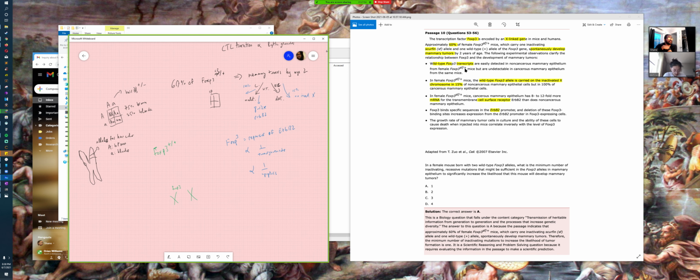So basically the FOXP3 gene, and it codes for a transcription factor, it seems. Yeah, it does. Okay. So let's see. The question is saying two wild type FOXP3 alleles.